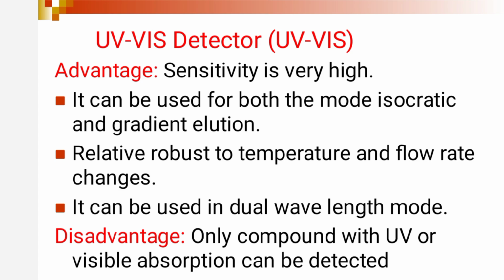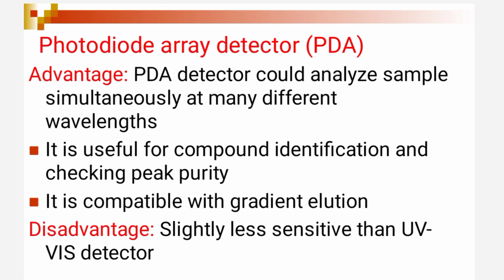It can be used for both the modes, isocratic and gradient elution, and is relatively robust to temperature and flow rate changes. It can be used in dual wavelength mode, and the disadvantage is only compounds with UV or visible absorption can be detected.